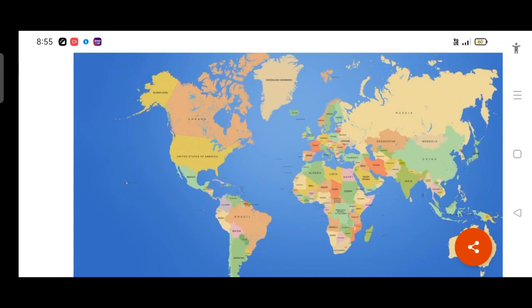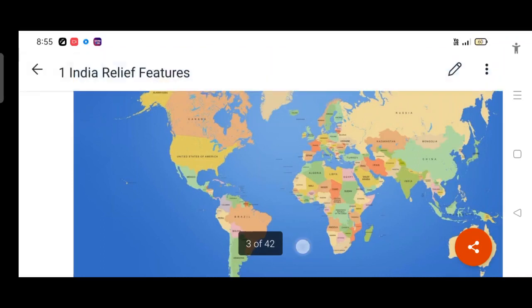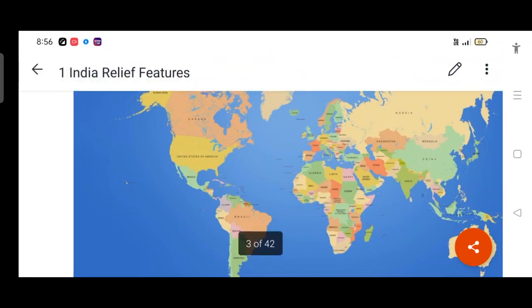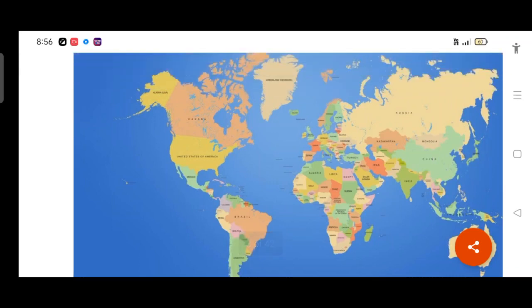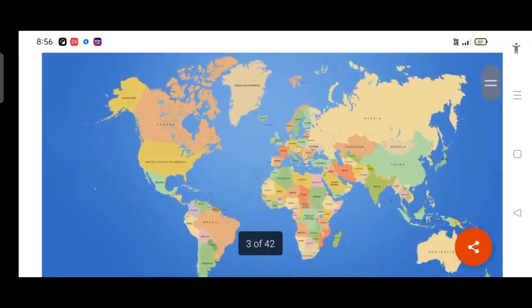In this way, the equator divides the entire earth into two hemispheres. How can we find India? First of all, India is located in the Asian continent, and the Asian continent is located in the northern hemisphere.